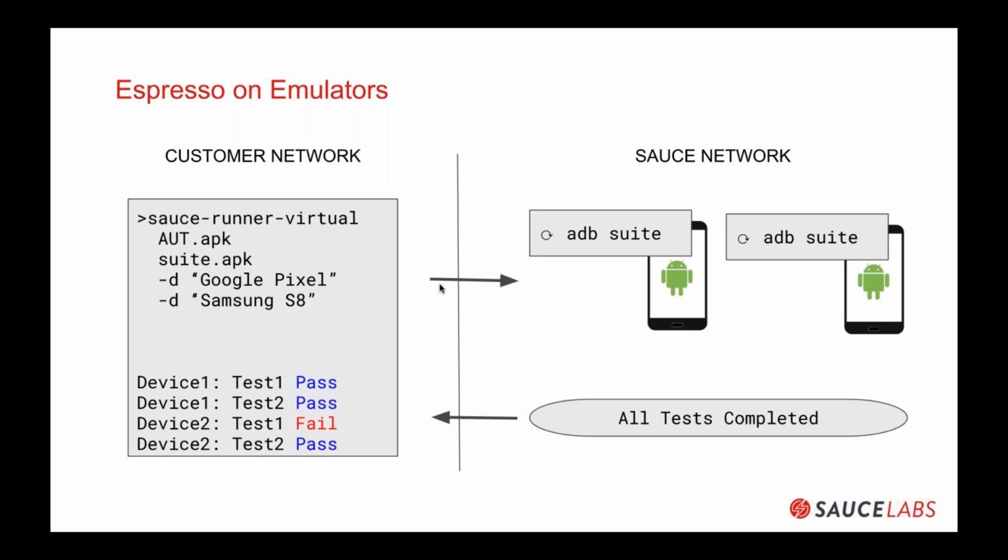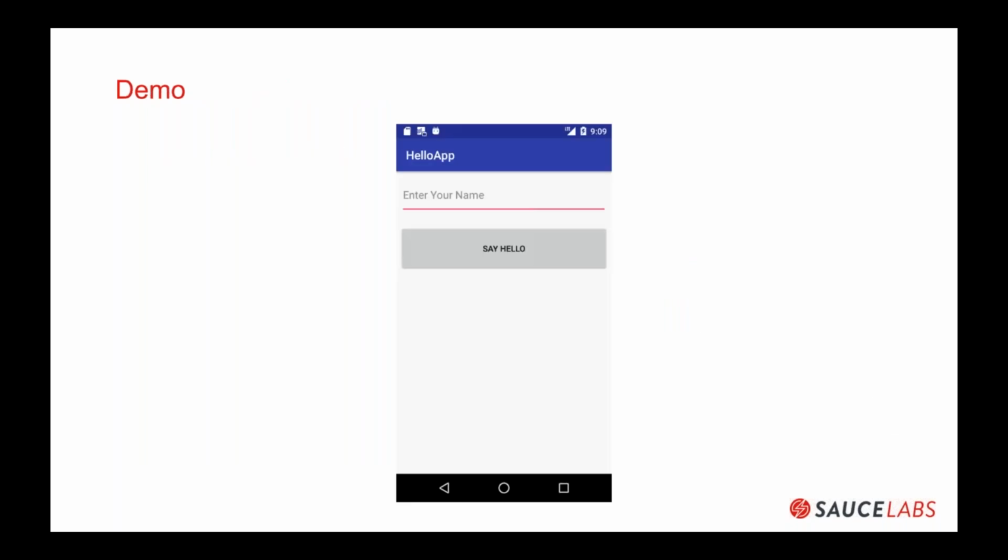What the application does is upload both the application under test and the Espresso test suite into Sauce, install them on all the emulators, and execute the test suite in parallel on all the emulators. Once the tests are complete, it returns the results, and then it exits with a special status code that lets you find out if the entire test suite succeeded or failed.